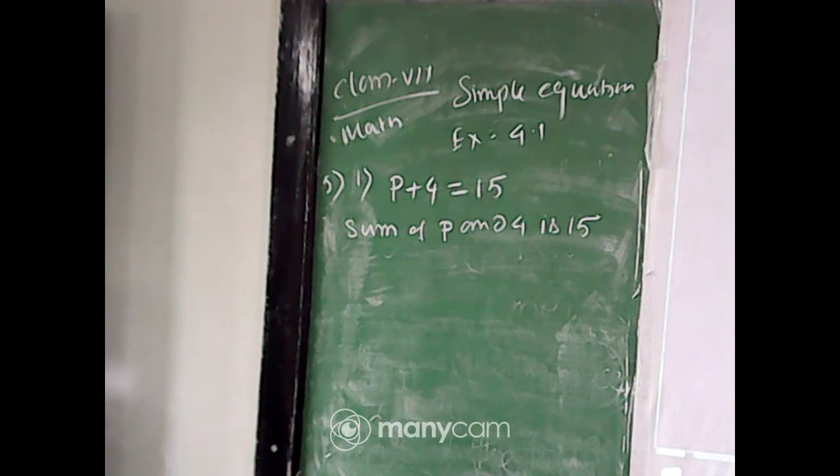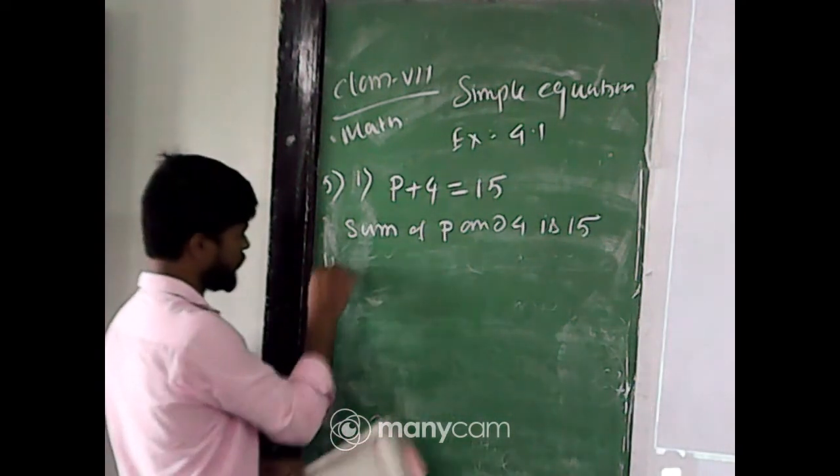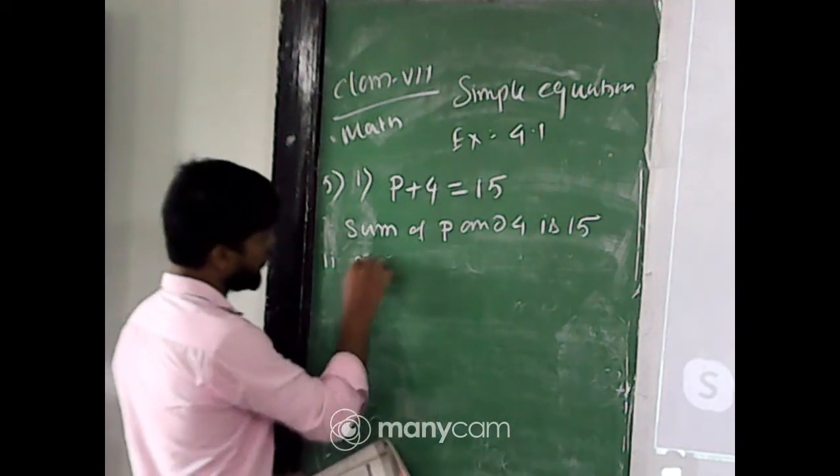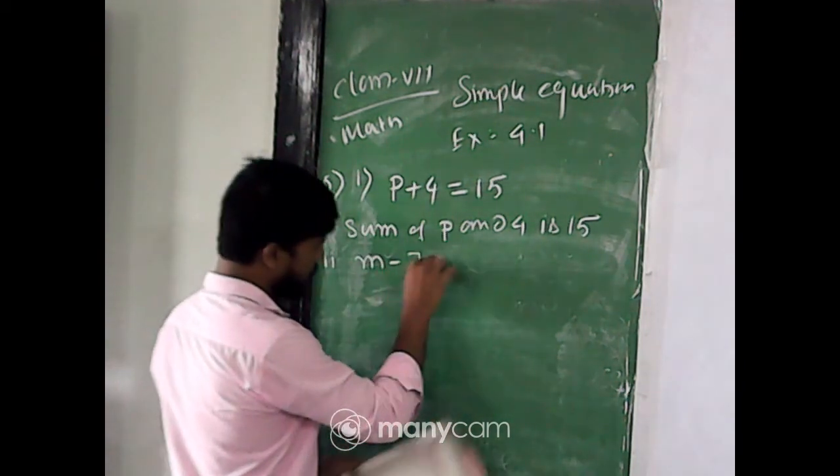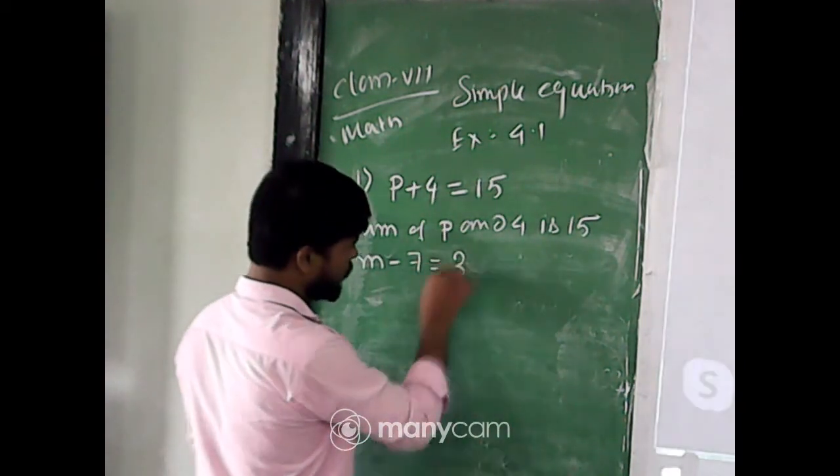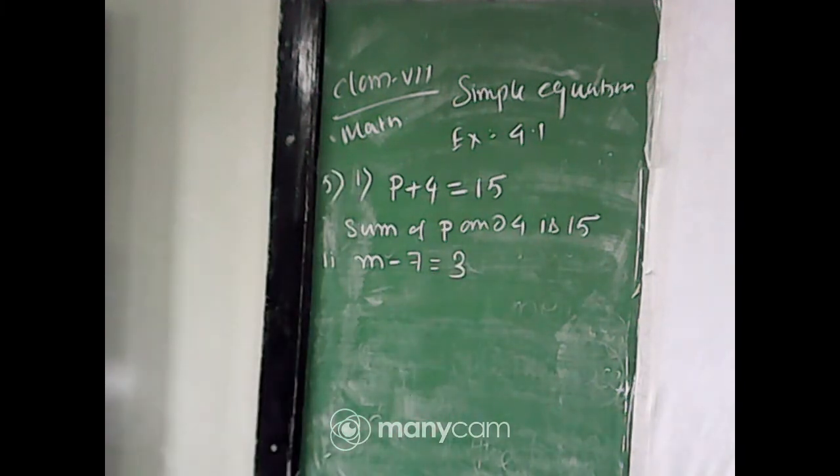And now the second question. M minus 7 is equal to 3. So this is the mathematical equation. Now set up a mathematical statement from here.